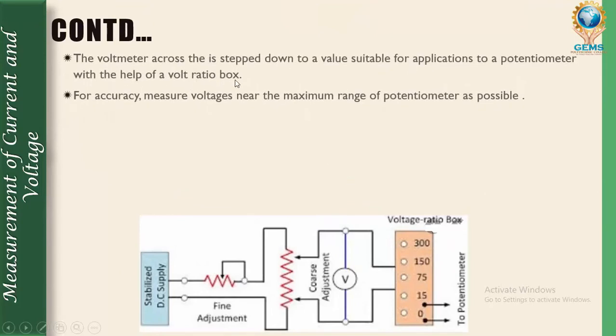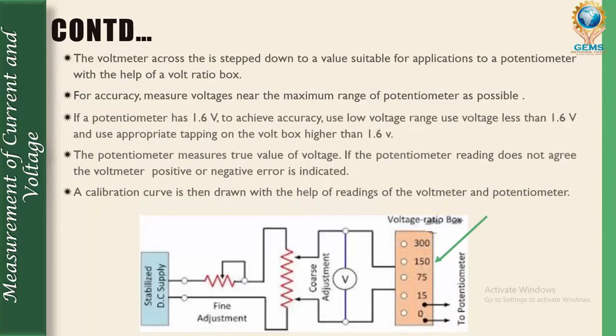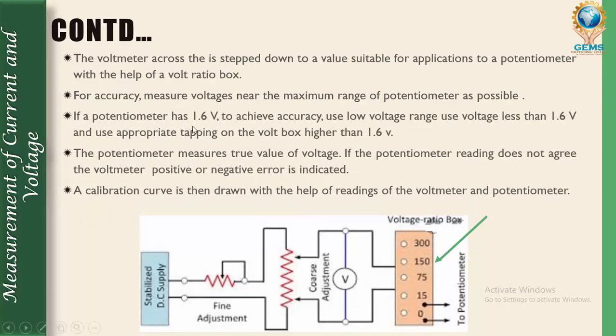The voltage across the voltmeter is stepped down to a value suitable for the potentiometer with the help of a volt ratio box. For accuracy, measure voltages as near the maximum range of the potentiometer as possible. So for accuracy, I choose a range which is near the maximum. For example, if I have 1.6 volt, then I choose 15 volts, so I make a connection between 0 and 15.